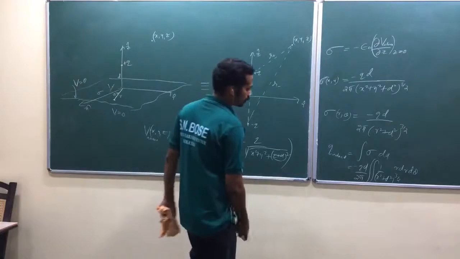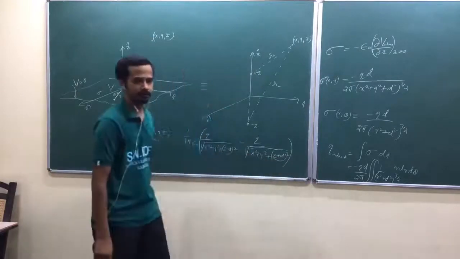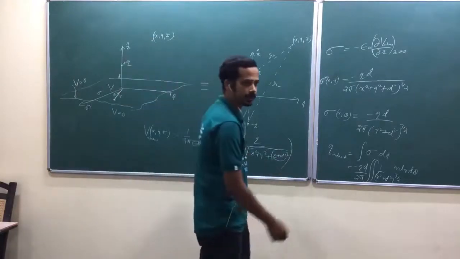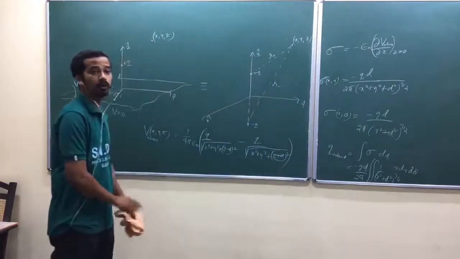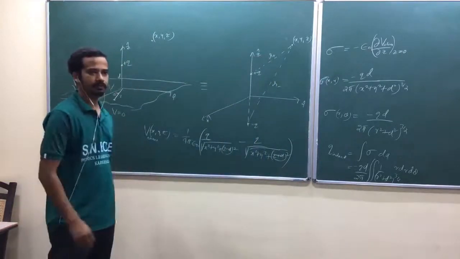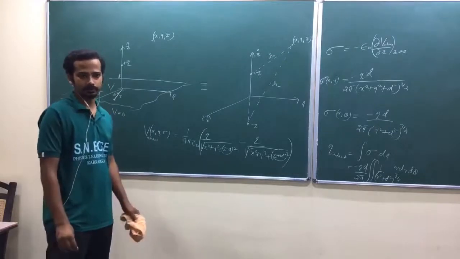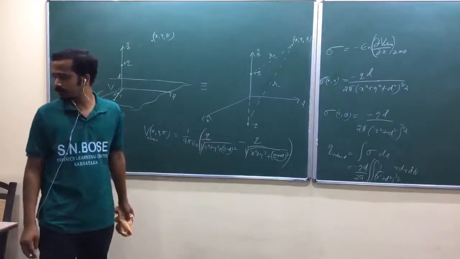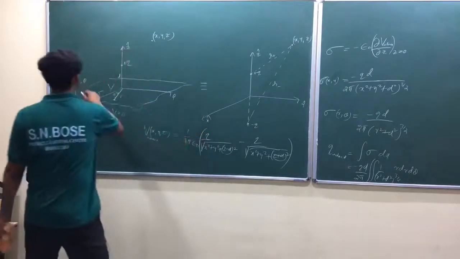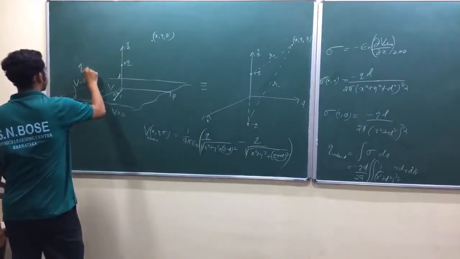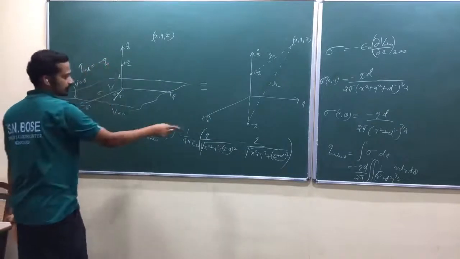So then, can you guess what is the induced charge? Obviously, it should be negative. Total induced charge: you are just integrating that surface charge density throughout the surface. So Q induced will be minus Q. You can check it out.